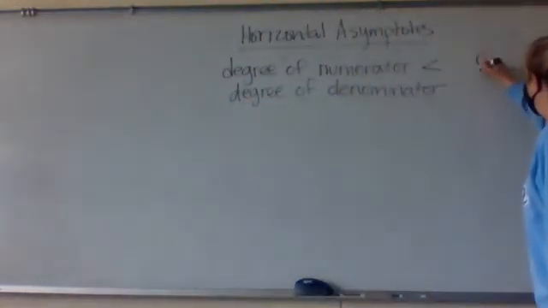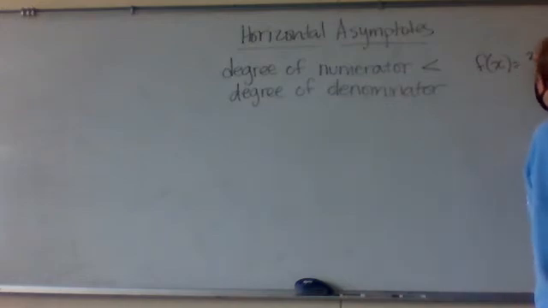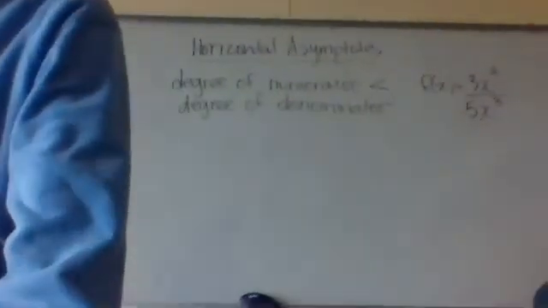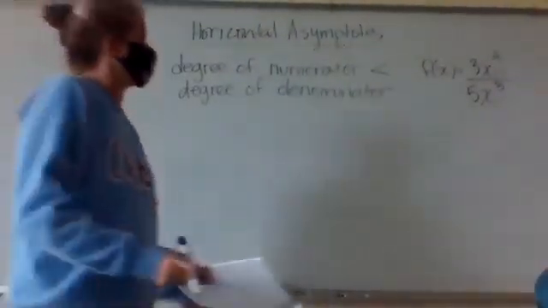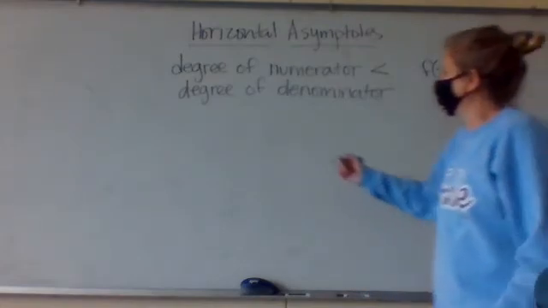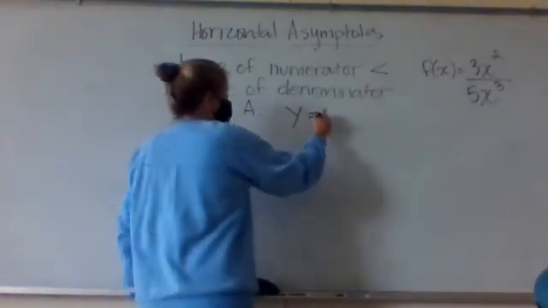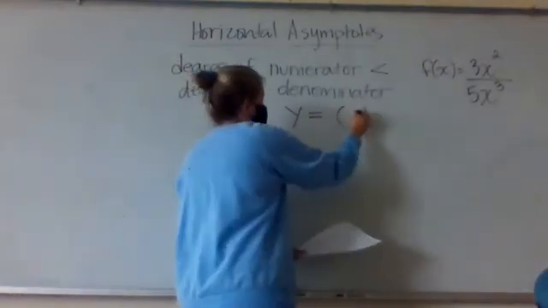That would look like if your function, so if the degree of the numerator was x squared and the degree of the denominator is x cubed. So it would look something like this. So this degree is less than this degree. If that is the case, that means your horizontal asymptote is y equals 0.